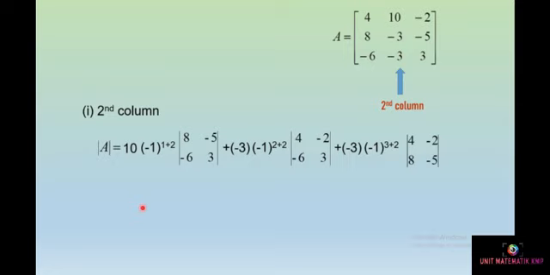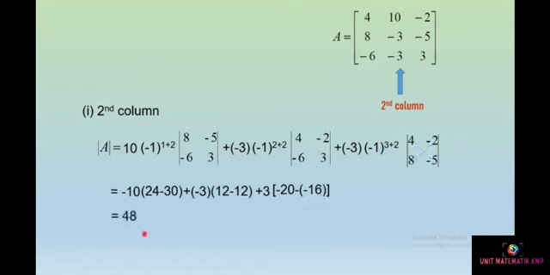Simplify the expansion of the cofactor. So negative 10 times AD minus BC, then we have 24 minus 30, plus negative 3 times 12 minus 12, then plus 3 times negative 24 minus negative 16. So determinant A is equal to 48.